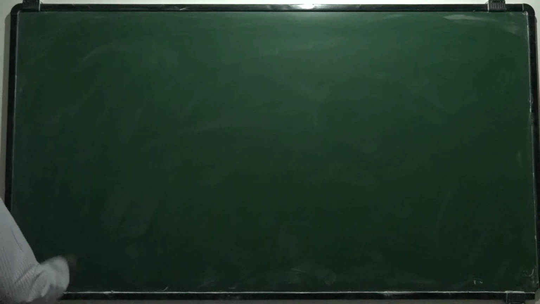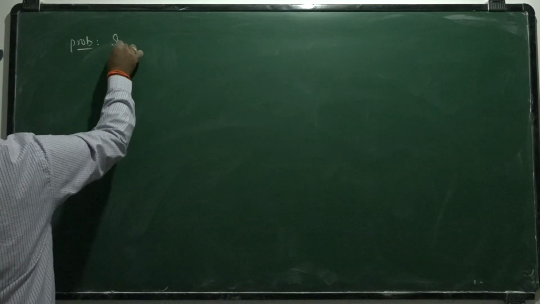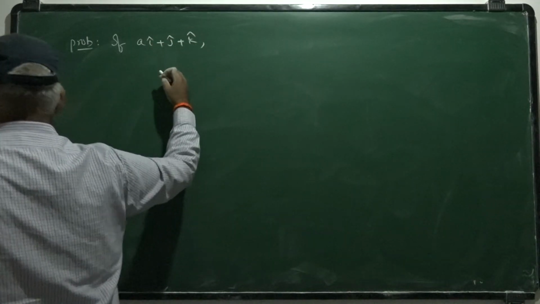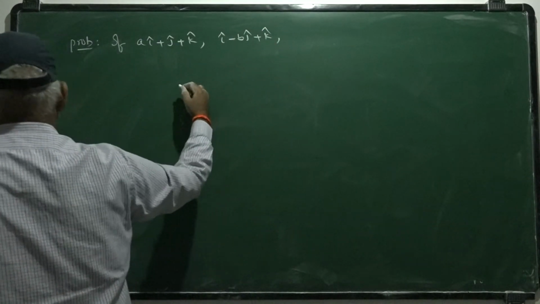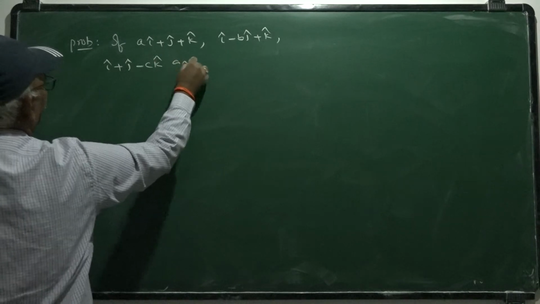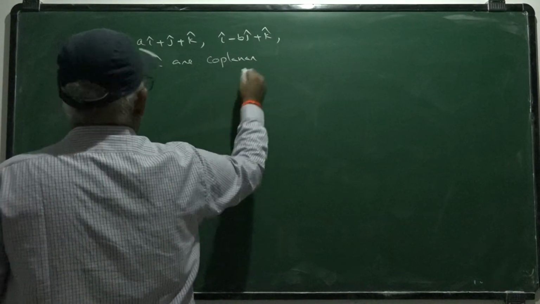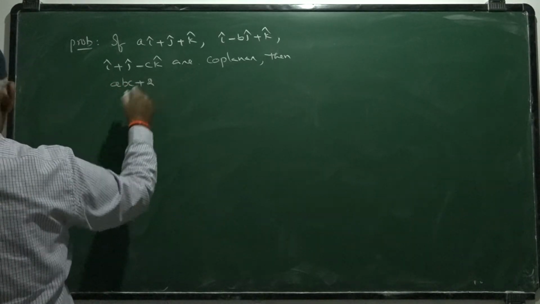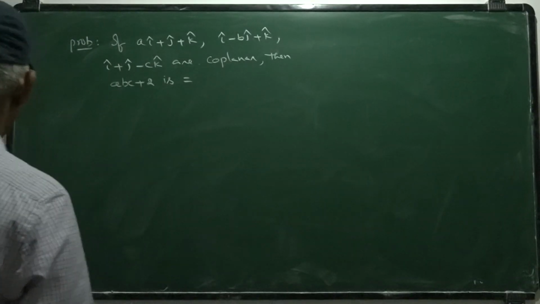Next one. Next problem. If A i plus j plus k, i minus B j plus k, i plus j minus C k are coplanar, then ABC plus 2 is equal to what?